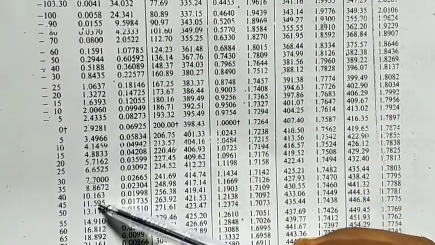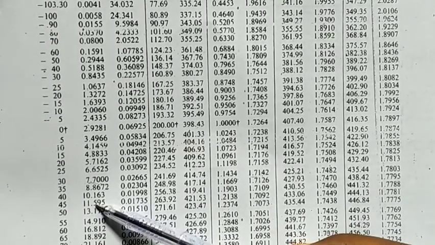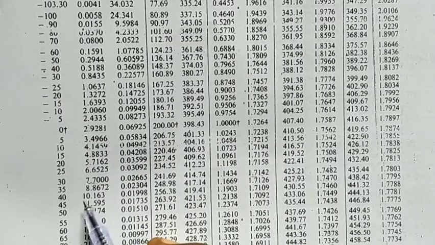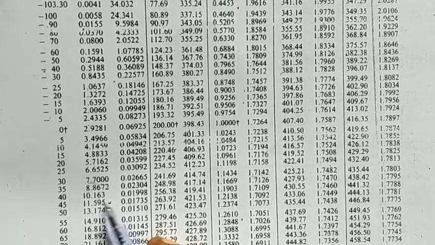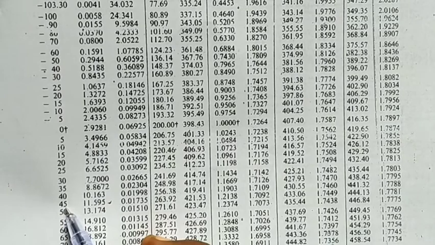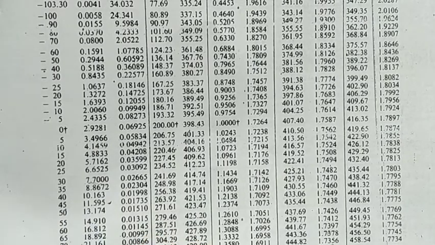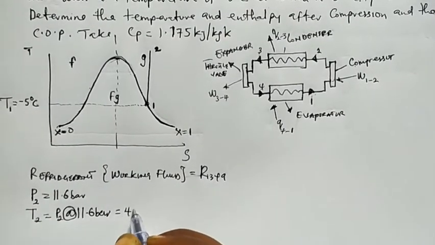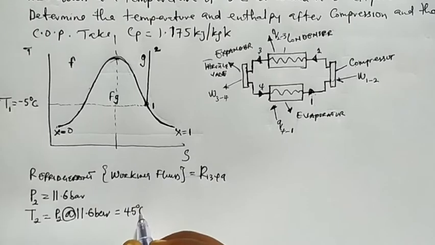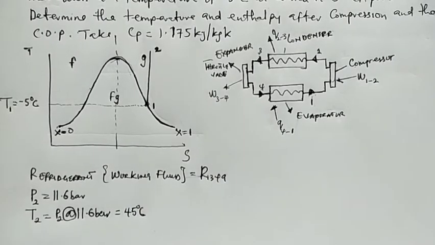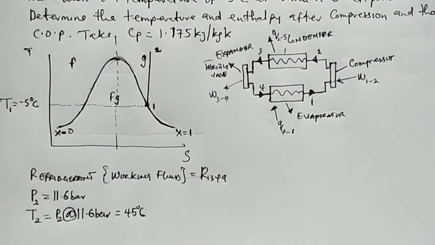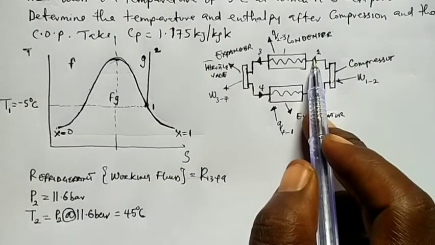This is 11.59, so that is approximately 11.6 bar. So the temperature at 11.6 bar here is what? 45 degrees Celsius. So I'm going to write it down. So this will give me 45 degrees Celsius, right?